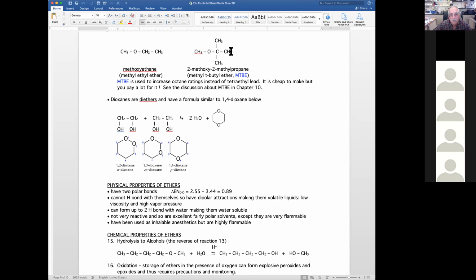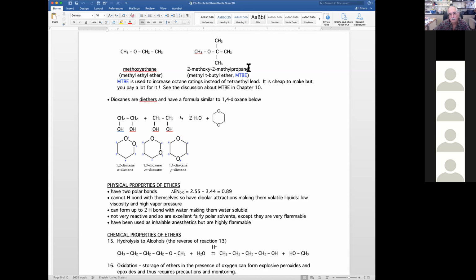So this one, the longest continuous chain would be 3, right? So it's propane, but on the propane at number 2 position is also a methyl group. So 2-methylpropane would be all of this. But then in addition to that, you have a methoxy on it, on carbon number 2. So 2-methoxy-2-methylpropane.